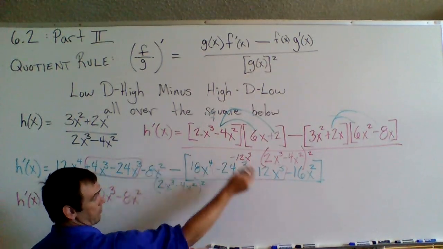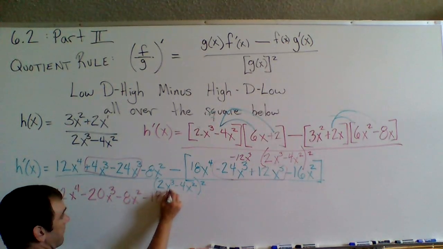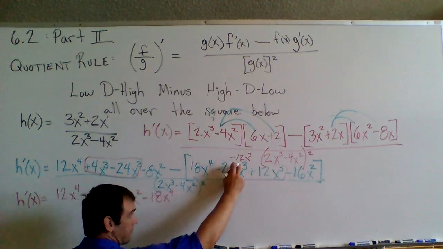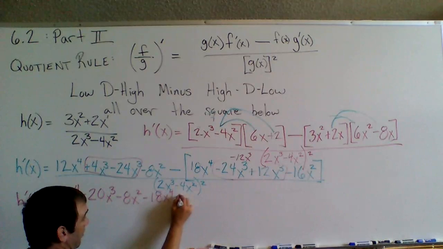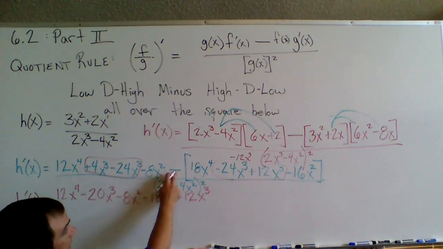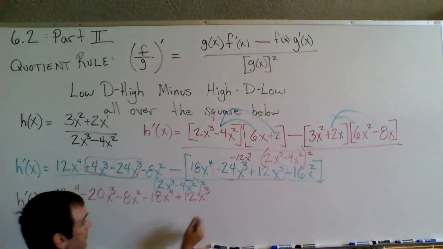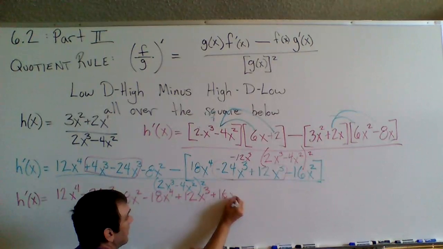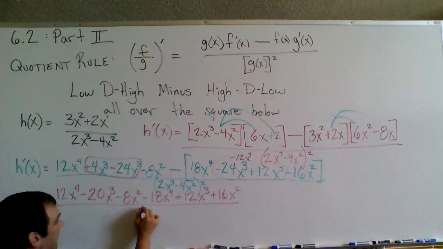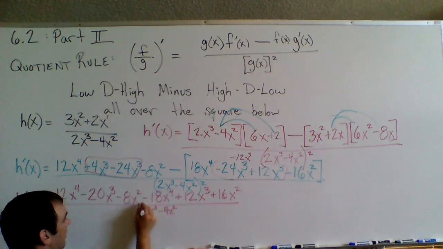Okay, and now I'm going to distribute. So it's going to be negative 18x to the fourth. Here, a negative times negative 12x to the third is going to be a plus 12x to the third. Negative times negative 16x squared is going to be plus 16x squared, all divided by our denominator, 2x to the third minus 4x squared, all squared.